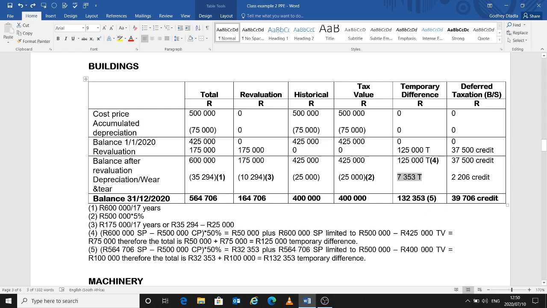Then you multiply those values by the tax rate. Then you can get this one there, and then this one here. That is how you're going to go about dealing with the buildings if the intention was to sell.